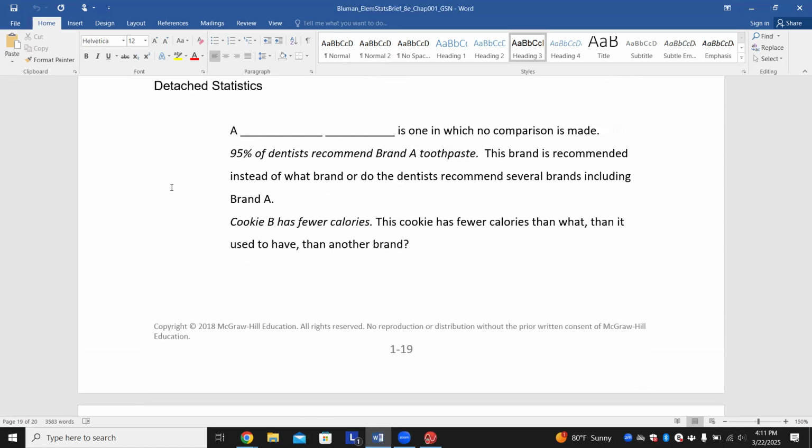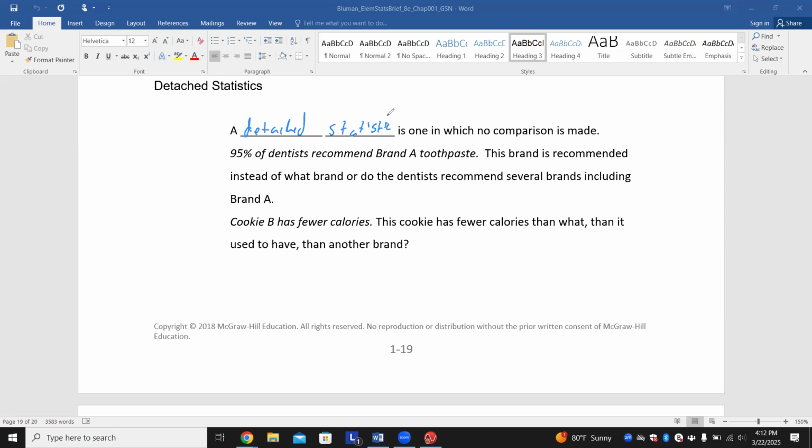All right, then you have detached statistics, right? This is what you also see a lot of. This is one where no comparison is made. 95% of dentists recommend brand A toothpaste. This brand is recommended instead of what brand, right? We don't have anything to go with.